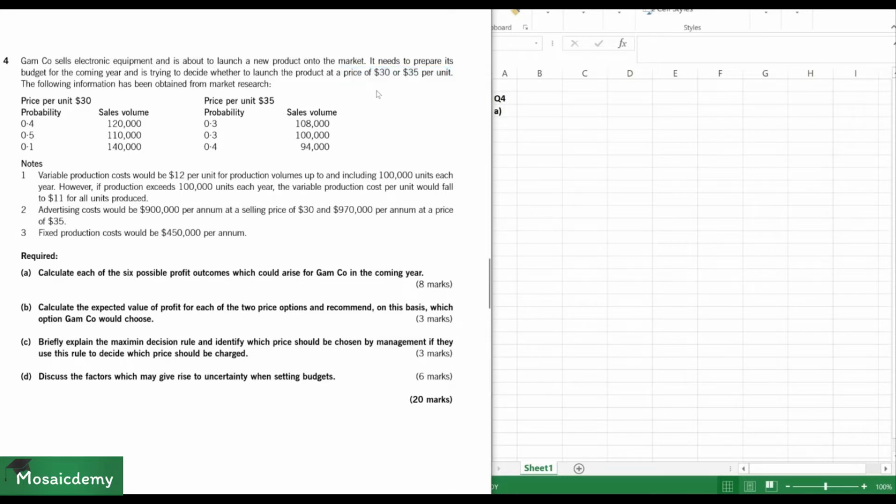So we have our decisions, now we're going to look for the outcomes. The following information has been obtained from market research. So for each price, we've been given different sales volumes with probabilities. And what did we say about probability? Probability has to do with outcomes, right? Whenever you see probabilities, they're talking about the outcomes. So the decisions are the price per unit and the corresponding outcomes are the sales volume levels, right?